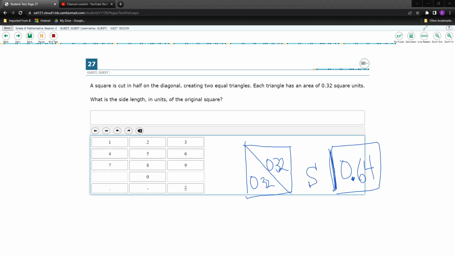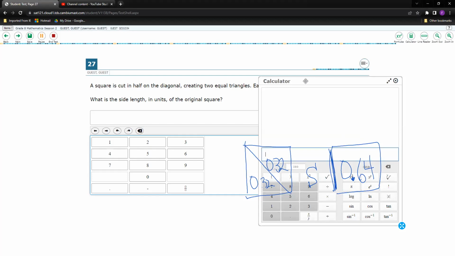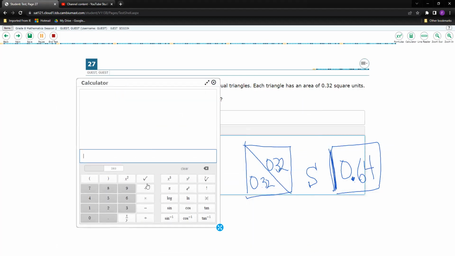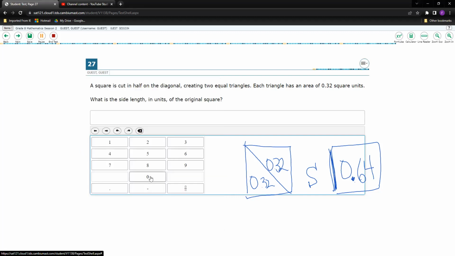Taking the square root, calculator. No need to sweat. And so here we're going to have the square root of 0.64. 0.8, right here is the answer. And that's what I write here, 0.8, done.